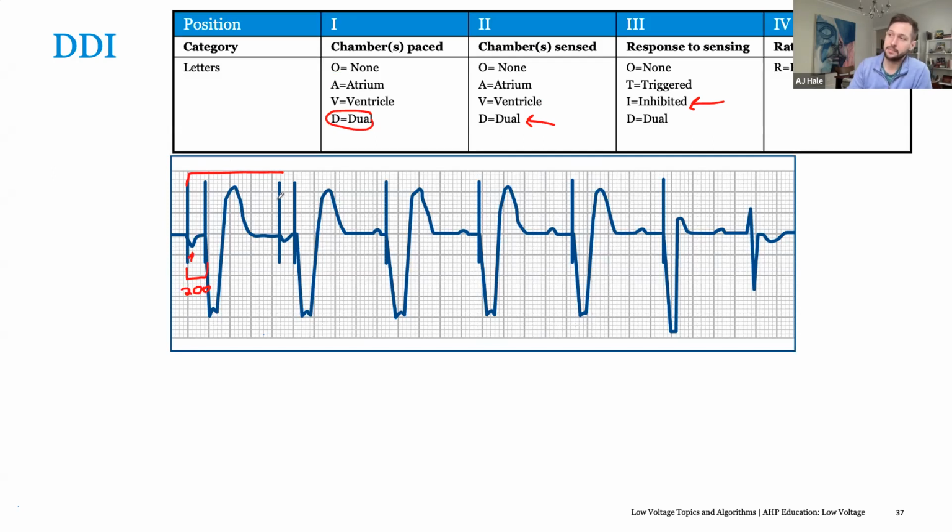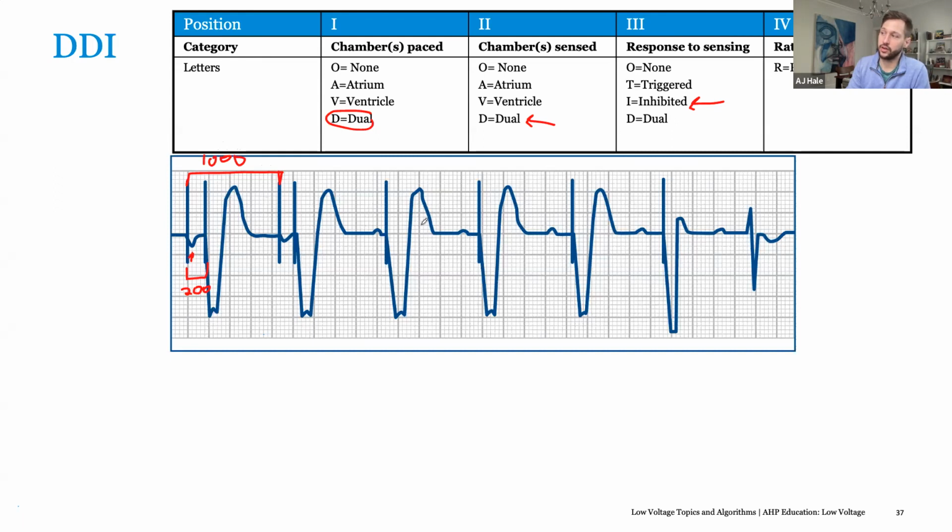So DDI is a ventricular-based timing mode, which means it doesn't really follow what the atrium is doing, but the atrial timing follows what the ventricle is doing. The reason this matters is your A to A timing is not always going to be 1000 milliseconds.